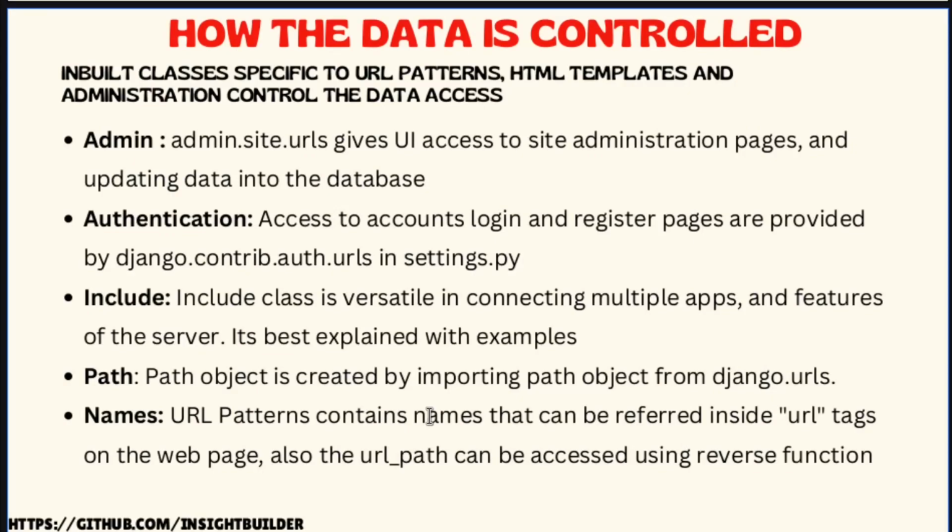In the Django framework, there are a couple of inbuilt classes which help in defining the URL patterns, connecting the templates, working on the administration, etc. In order to get access to the administration of the site, there is admin.site.urls to which the admin path is connected.